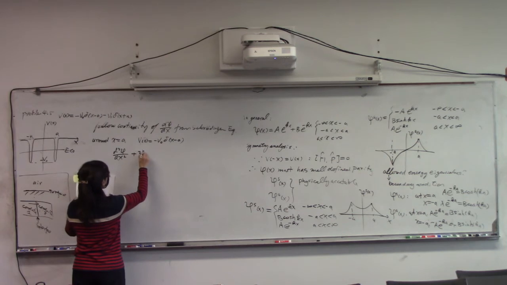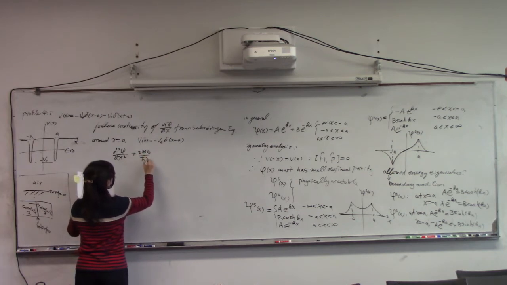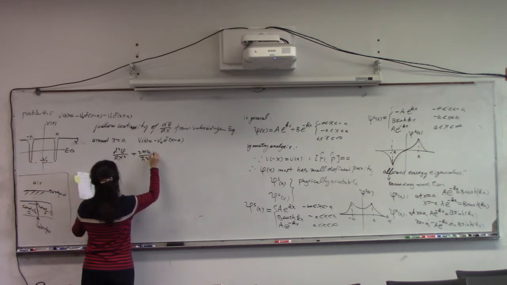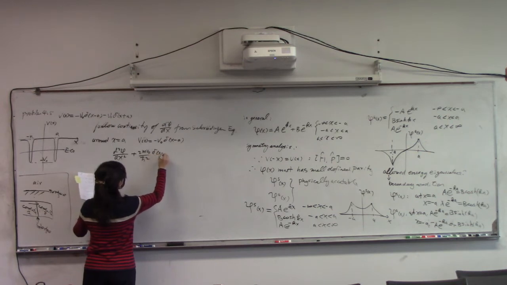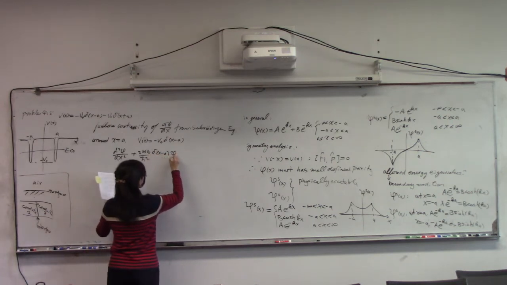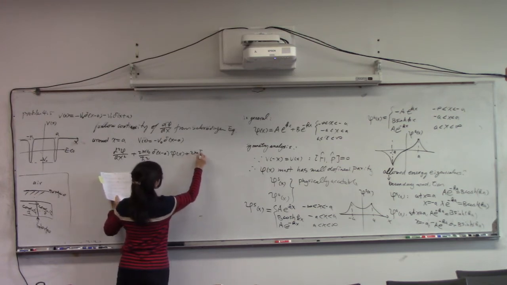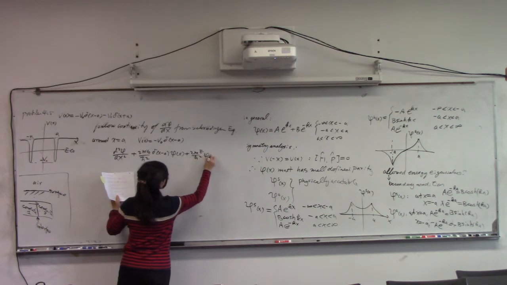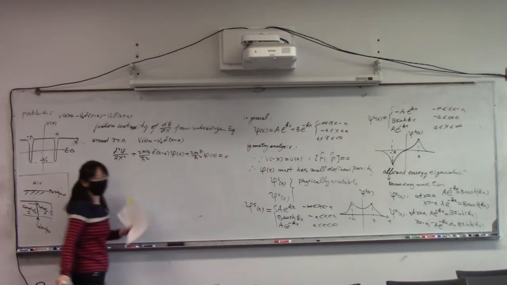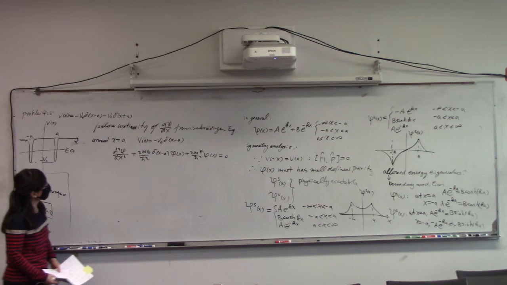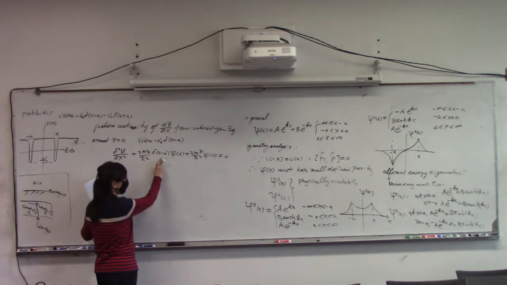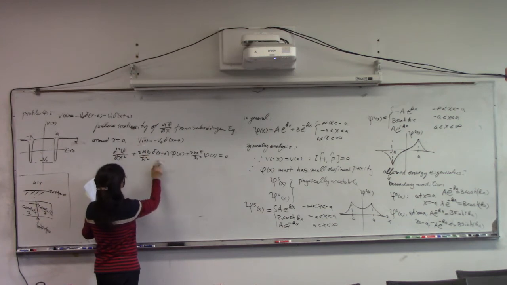Plus 2m over h bar squared, the delta function at x minus a, times psi x, plus 2mE over h bar squared psi x equals 0. That is the equation. But the delta function goes to infinity when x is close to a.